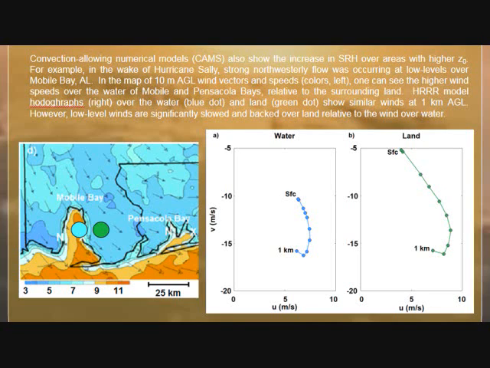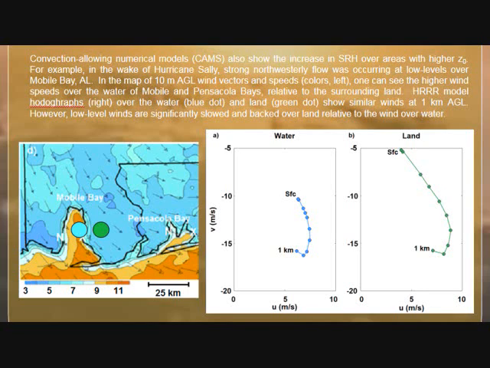The green dot is a location over Baldwin County, Alabama, over land, and hodographs from each of those are taken at that time. You see over the water, the 1 kilometer winds are very similar to what they are over the land. However, the surface winds over the water are much higher and slightly veered, whereas the winds over the land are much lower and slightly backed in direction.